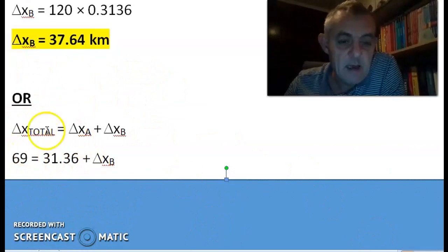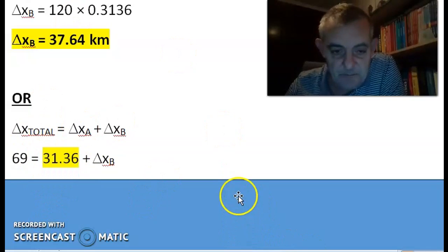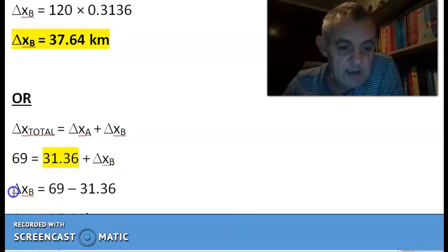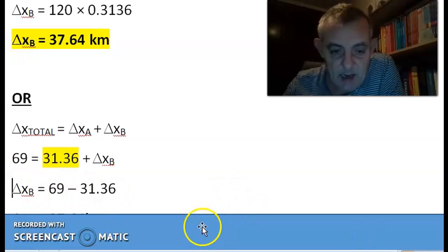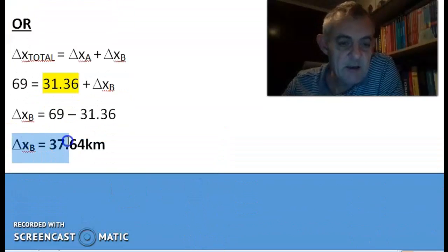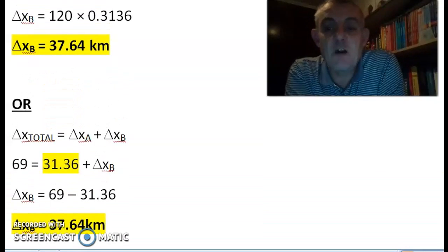Total distance, what I've calculated for truck A, 31.36. To find the distance for truck B, I subtract 31.36 from 69, and there is my answer, 37.64. And as you can see, both of those answers are the same.